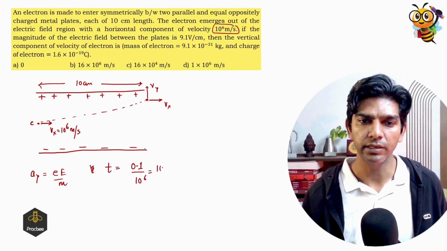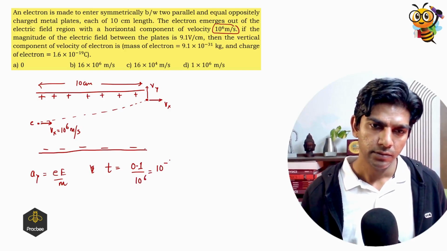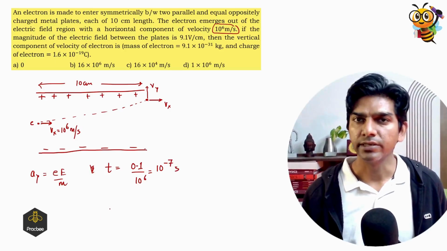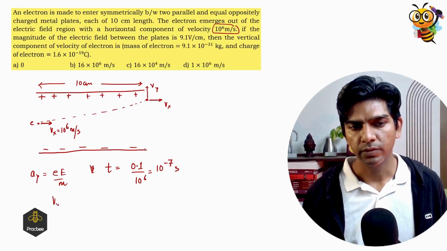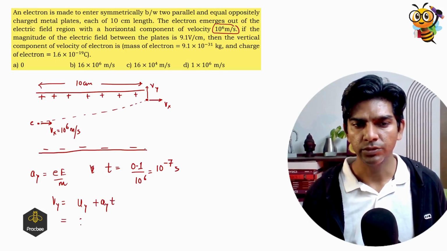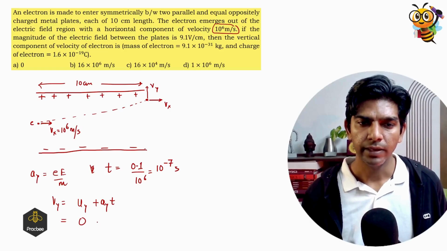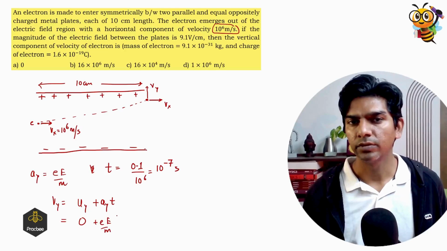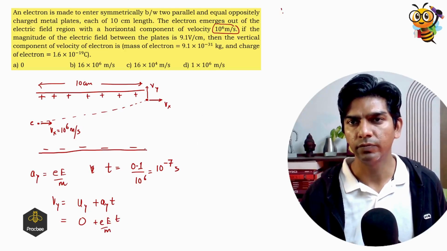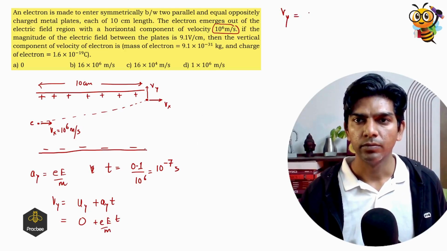So we can say 10 raised to minus 7 seconds. So we got the time. Now we can apply the kinematics equation. Velocity in the y direction will be uy plus ay t, where the initial velocity in the y direction is 0 and acceleration will be eE by m, times time t, right? So that should be the Vy component in the y direction.